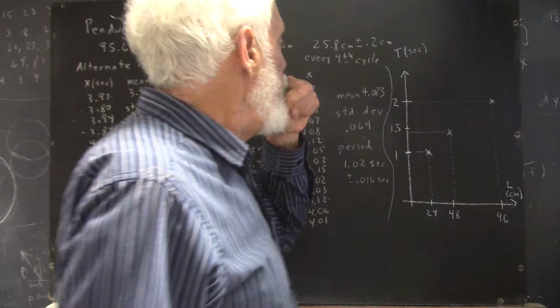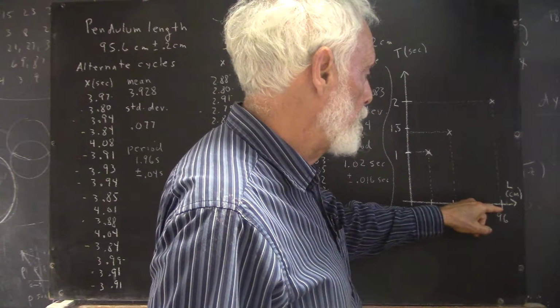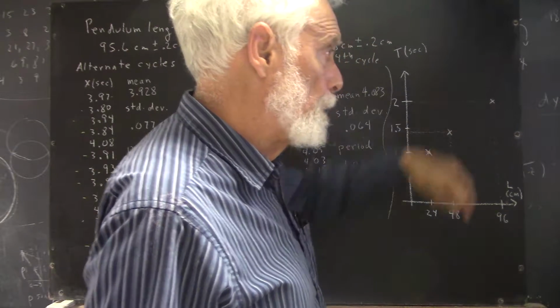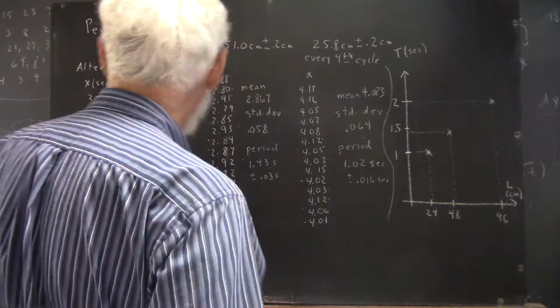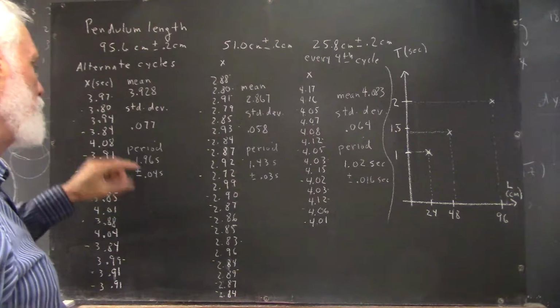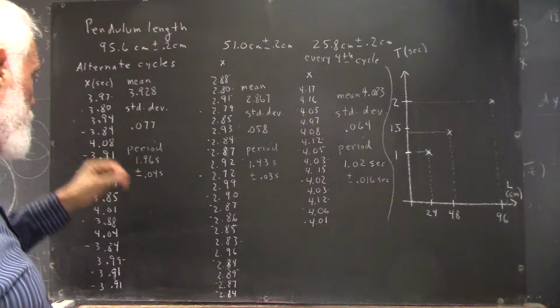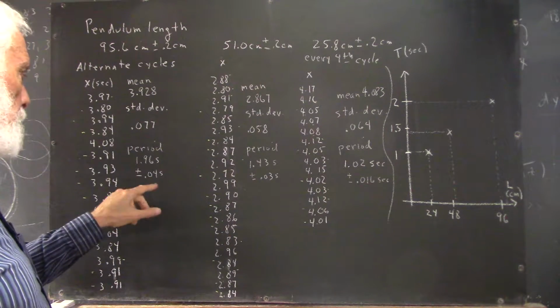Now, here's where I think 1.96 seconds would be. Here's where I think 95.6 centimeters would be, giving us this point on the graph. Now, if I want to really do the graph accurately and to depict the 0.04 second plus or minus uncertainty and just exactly what that period might be, and that uncertainty would really be quite a bit less than that.